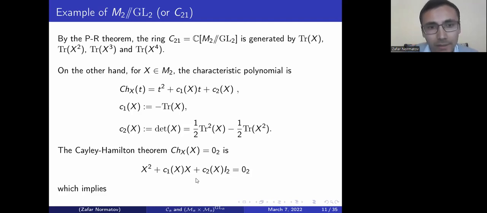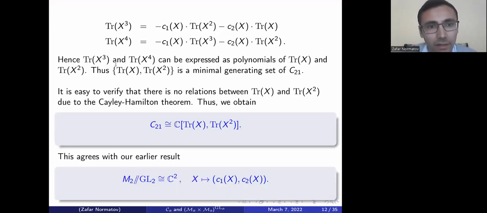This implies that trace x cubed and trace x to the power 4 can be expressed as polynomials of trace x and trace x squared. Thus, the set is a minimal generating set of C_{2,1}.